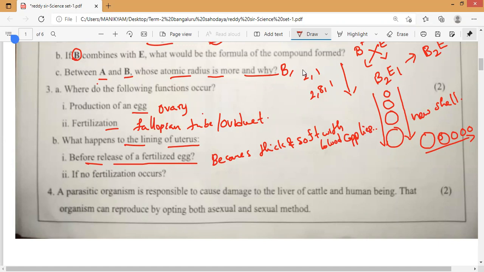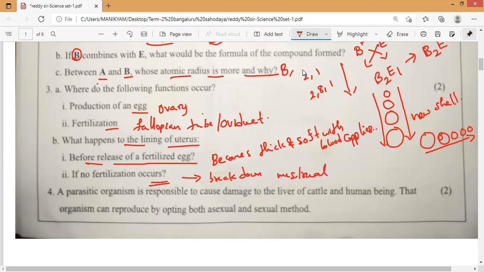So if no fertilization occurs, what happens? The egg will die, so the thick and soft uterine lining will start to break down, and after 14 days of egg release it will come out from the vagina. That is what we call menstrual flow.